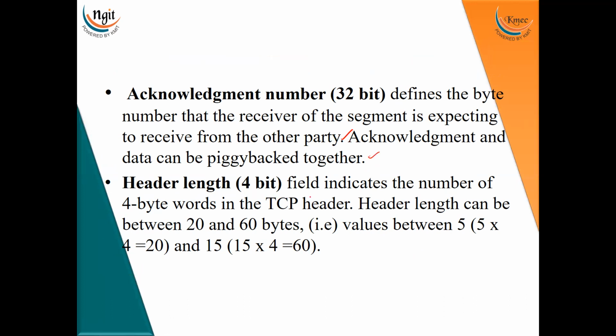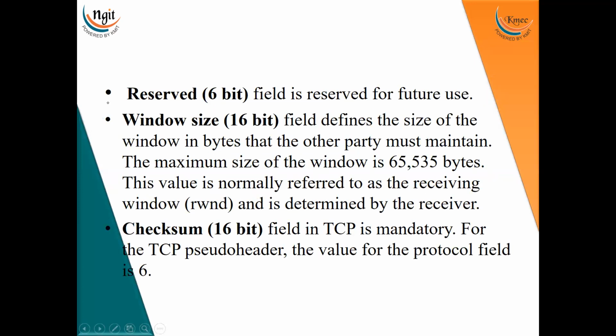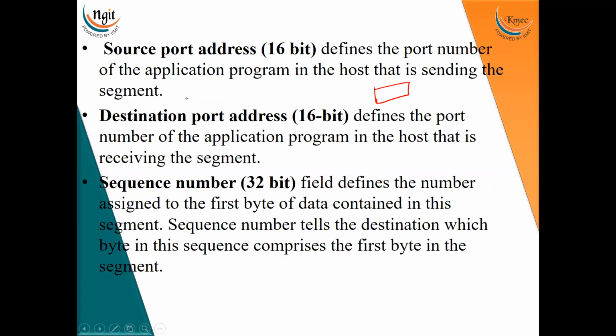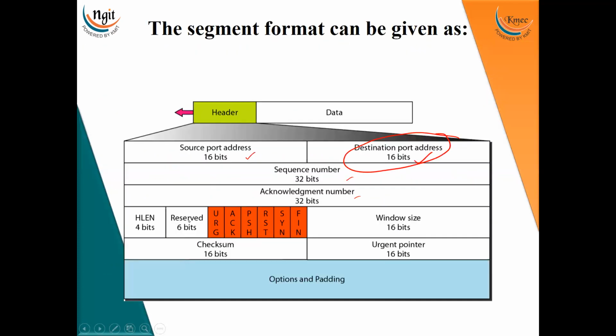Now, what is the header length? This field indicates the length of the TCP header in 4-byte words. The header length can be between 20 and 60 bytes, so the values are between 5 and 15. Here the reserved field is also one field of this packet.